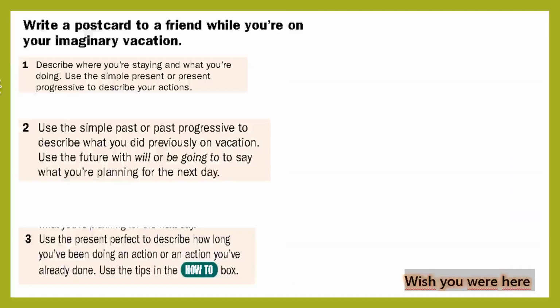Okay, students, in this part of this activity, we are going to write sentences about our imaginary vacation, but we need to write in present simple, past tenses, present perfect. We need to use the different tenses that we learned, okay? Necesitamos utilizar los diferentes tipos gramaticales que hemos ido aprendiendo. ¿Y qué es lo que vas a escribir?